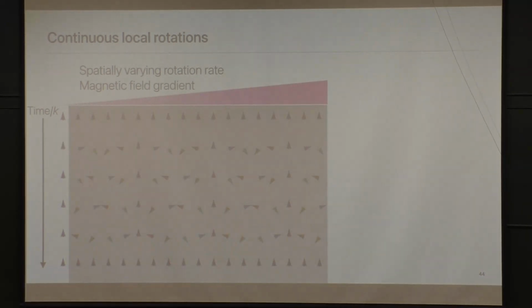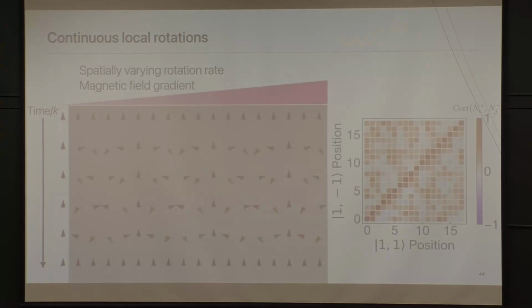Now if I look at the interaction between any two pairs of ensembles, they're going to always cancel out. So if we do this experiment, turning on the interactions with a magnetic field gradient, we now only have interactions happening on specific sites, because everything else has averaged out to cancel.